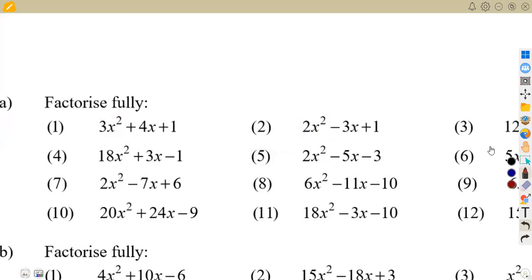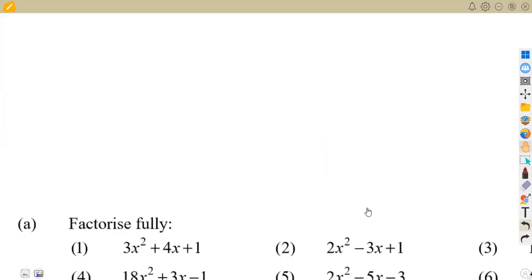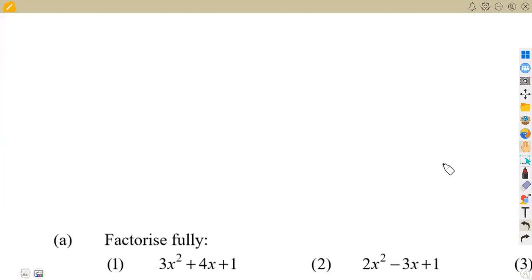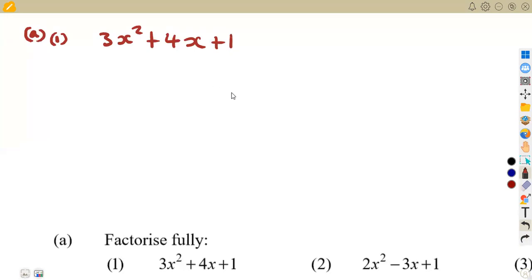So how do we factorize such expressions? Let us start with this together. I am given to factorize 3x squared plus 4x plus 1. Remember, to factorize is to put in brackets.